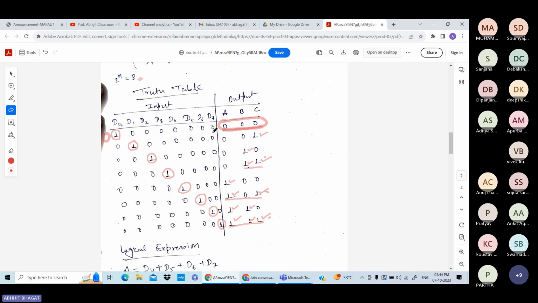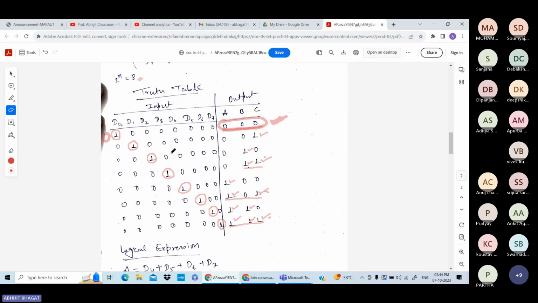If all these bits are 0, in that case also your ABC will be 0, 0, 0. So this is a contradiction. When D0 is active, you are getting 0, 0, 0, and when all are inactive, you are getting 0, 0, 0. So for two types of signal, you are getting the same response at the output. This is one limitation.